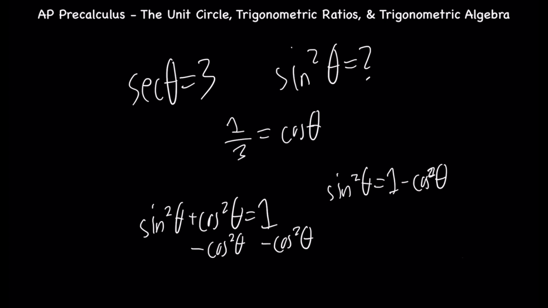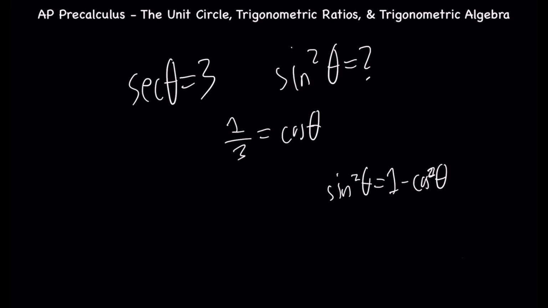Now you might be wondering, but we don't know what cosine squared is. Actually, we can figure that out. Because cosine squared is just x squared. Cosine by itself is just x. So all we have to do here is square it. We already know what cosine represents. So if we just square this, whoops, not 3.